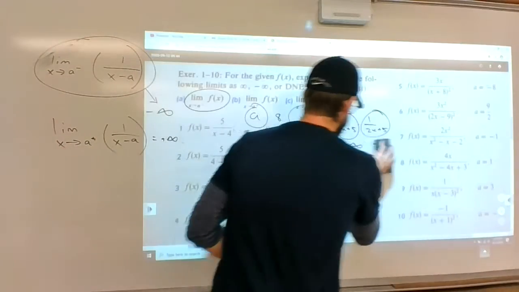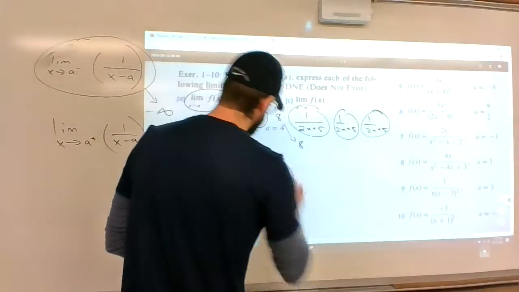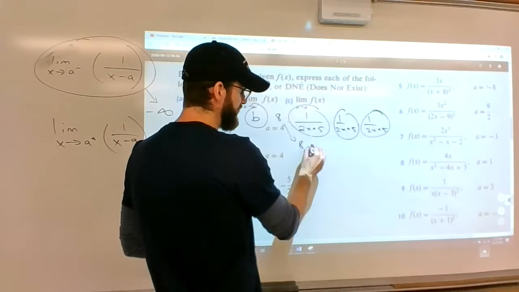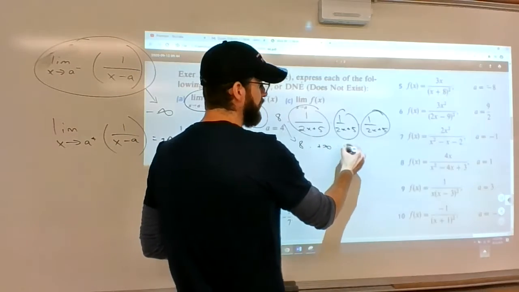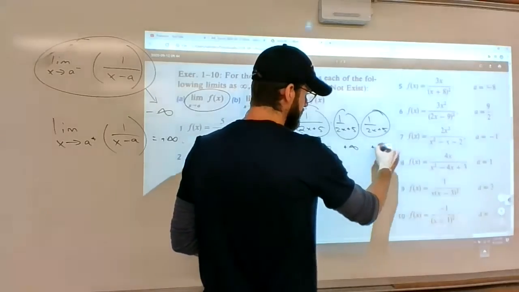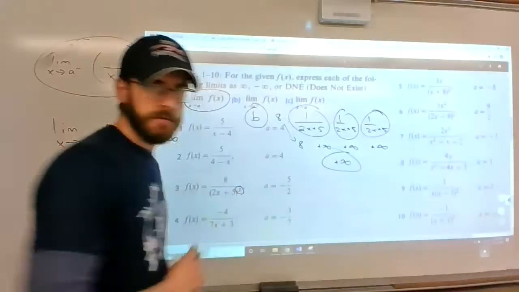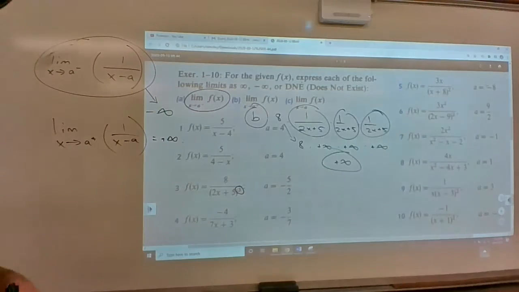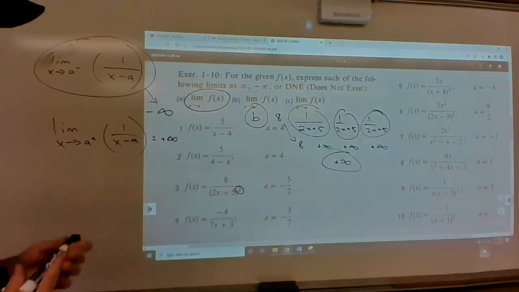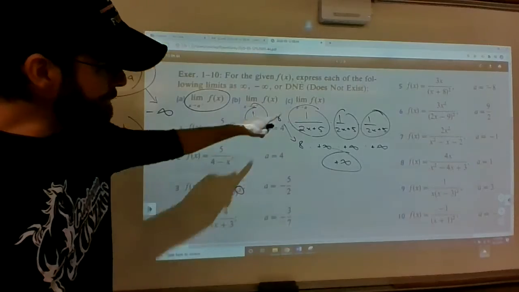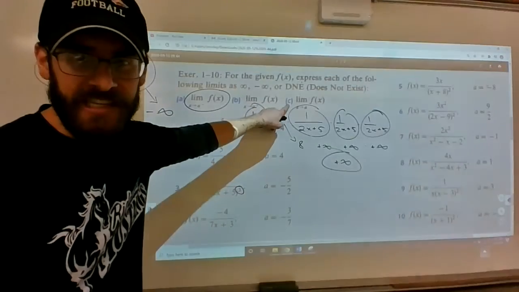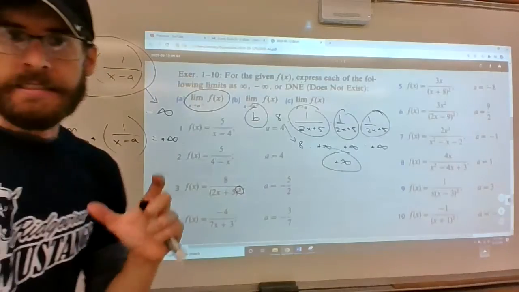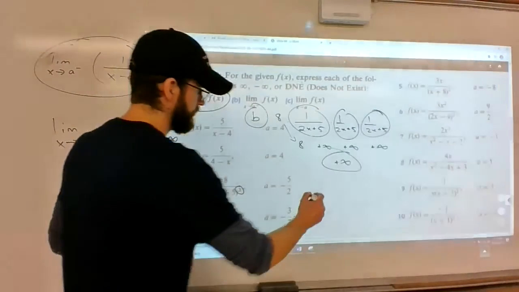So for part B, it's 8 times +infinity times +infinity times +infinity. Turns out to be infinity. All right, the left doesn't match with the right, but technically you're not going to have a limit existing if it is an asymptote. So part C does not exist.